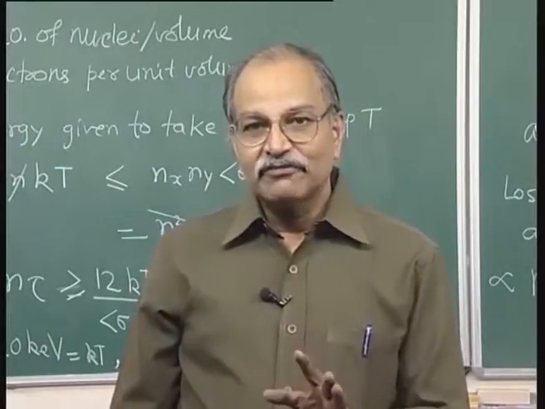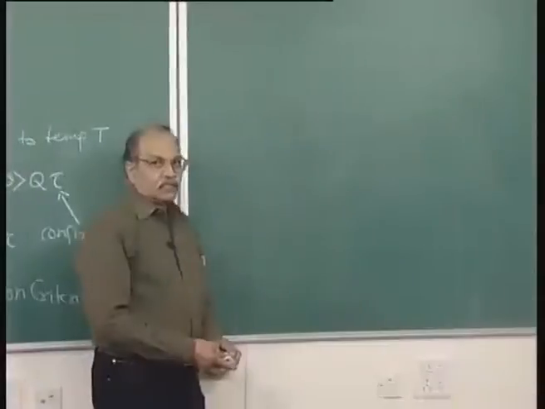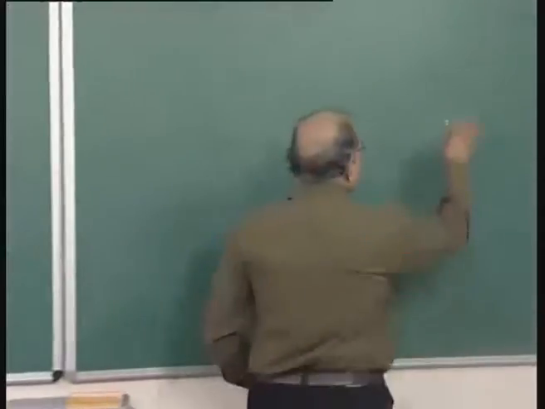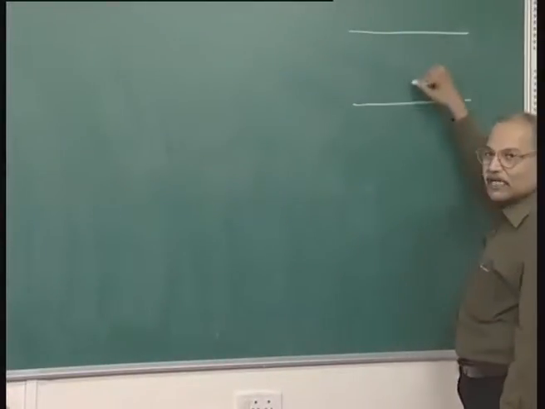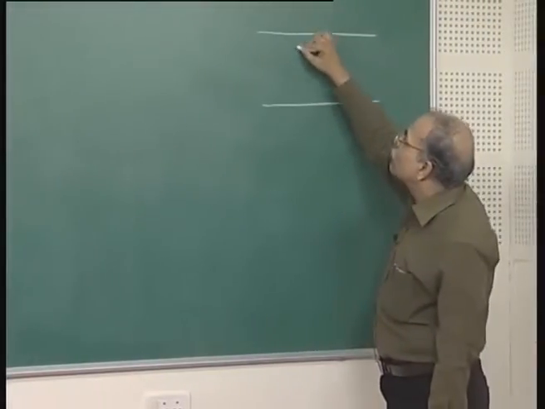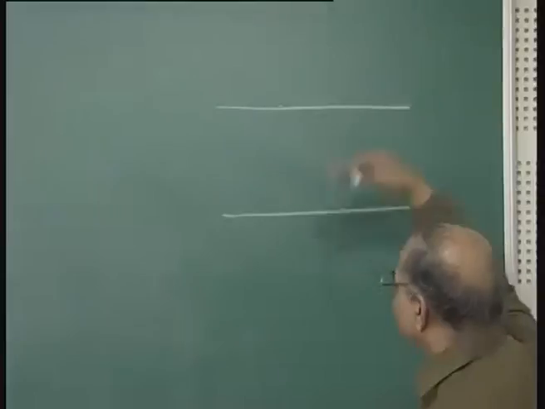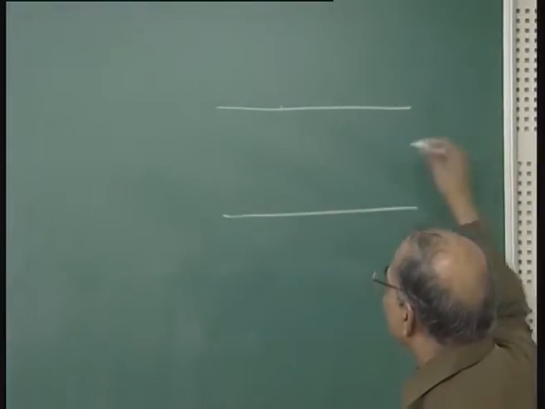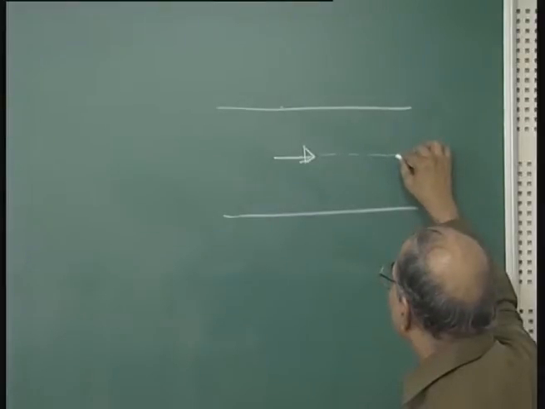What is magnetic confinement? Suppose you have a container with some gas molecules going in random directions with random speeds. The molecules will go and strike the wall. If you imagine a cylindrical container, the particles going this way will hit the wall.